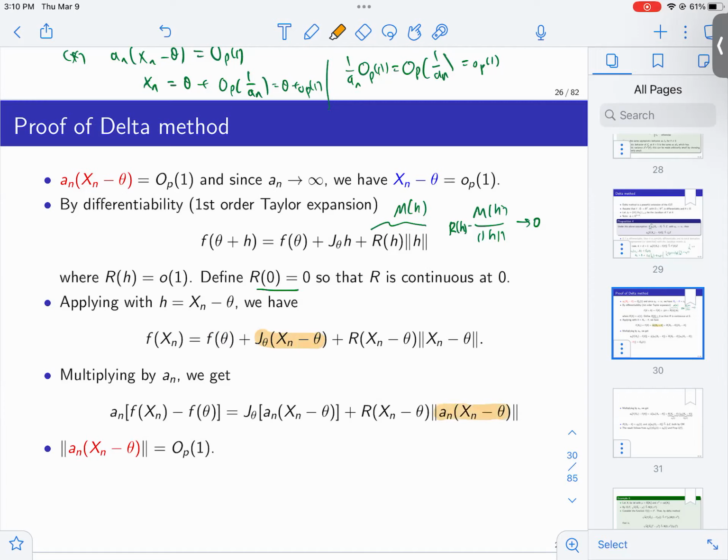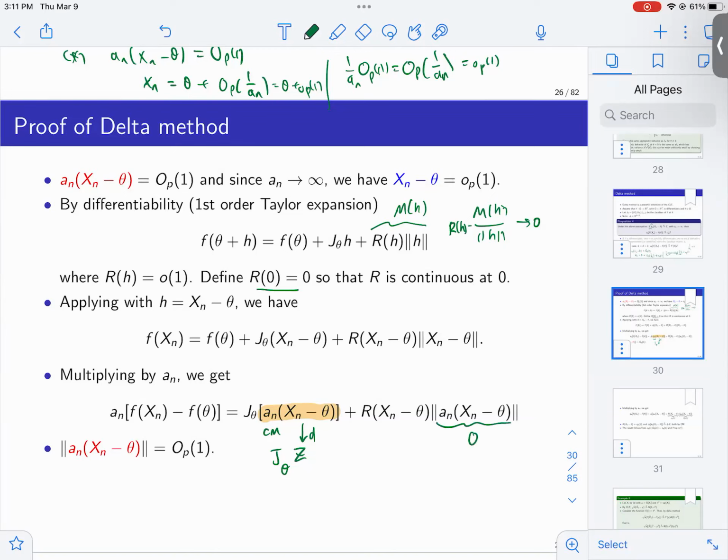So a_n goes in, and this is a norm. Now this converges to Z by assumption, and then J theta times that is going to converge to J theta Z by the continuous mapping theorem, or Slutsky if you want.